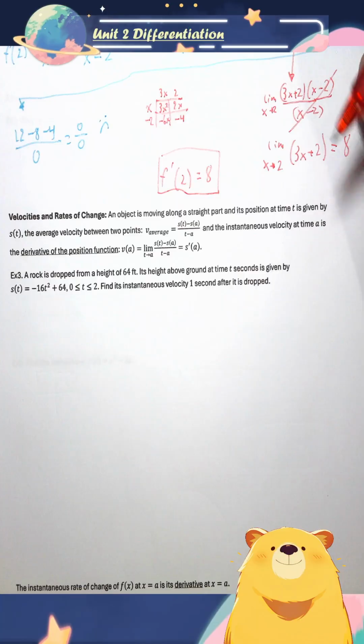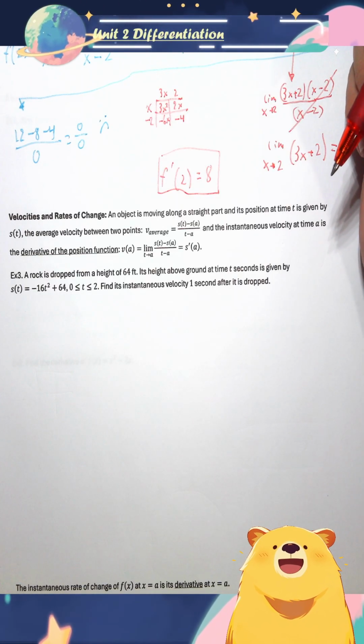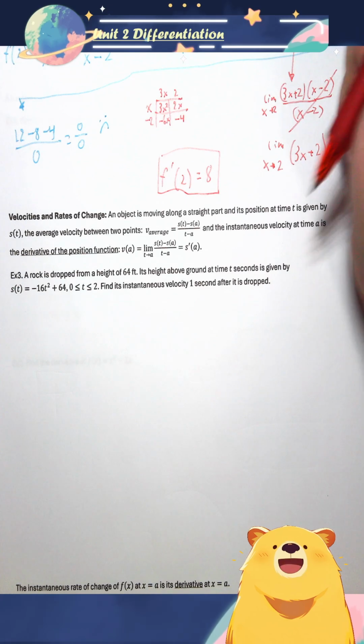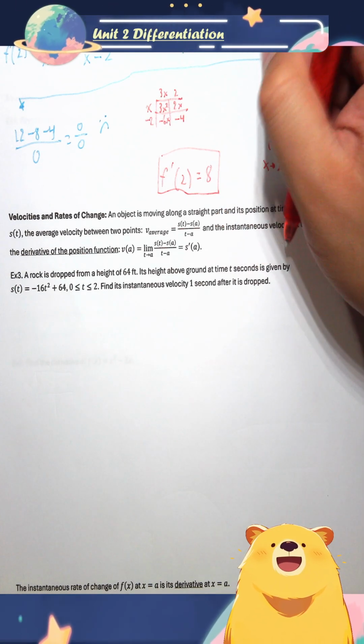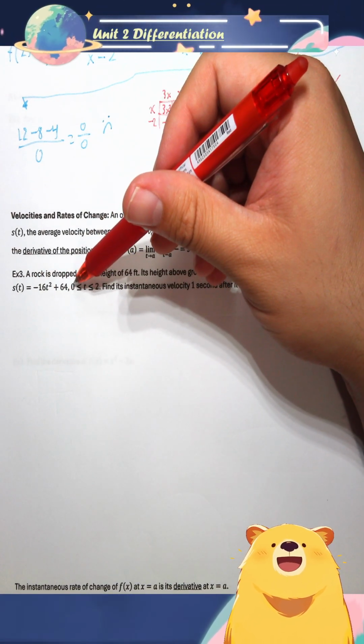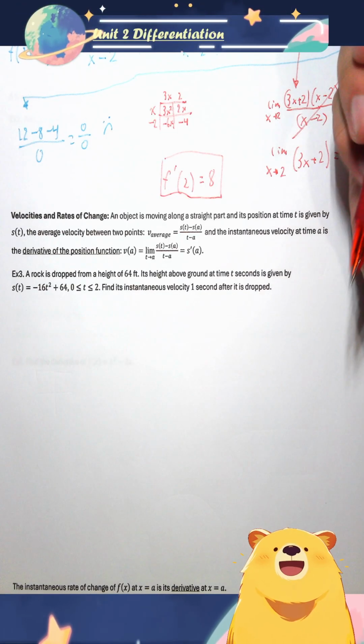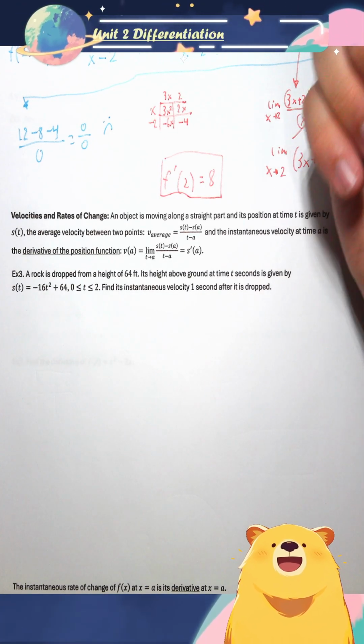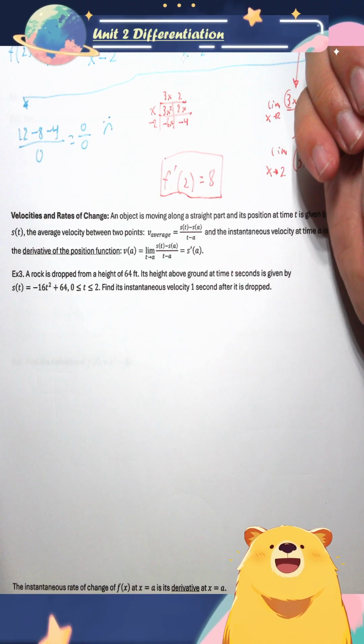Let's do an example. A rock is dropped from a height of 64 feet. The height above the ground at time t is given by this formula here, where t goes from 0 to 2. Find its instantaneous velocity 1 second after it's dropped.